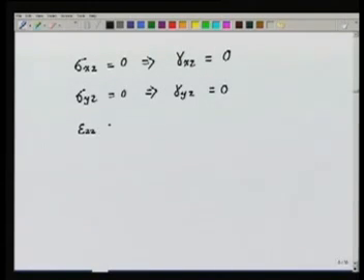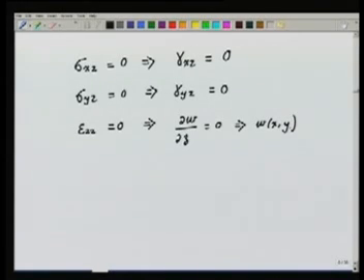Epsilon zz is equal to 0. This will imply that del w del z is equal to 0, the transverse deflection, which is what we are going to make: w is only a function of x and y. So this is the first outcome of this assumption.